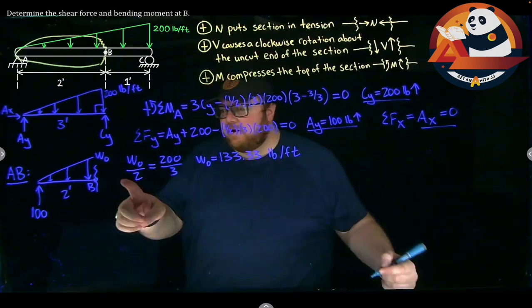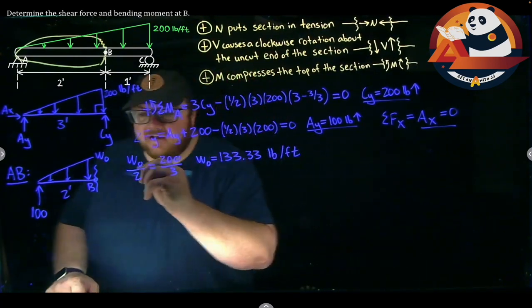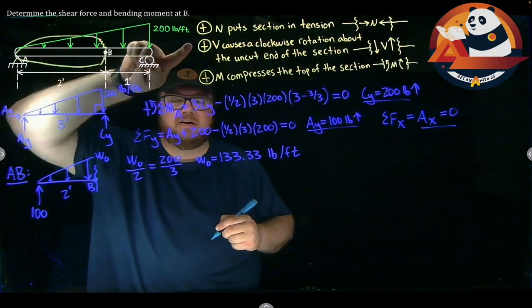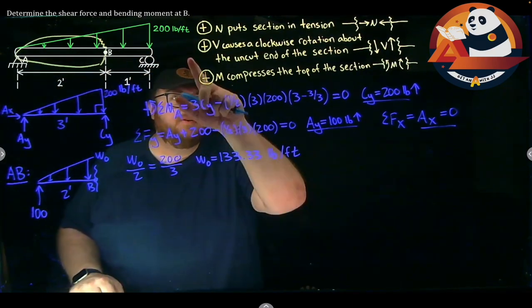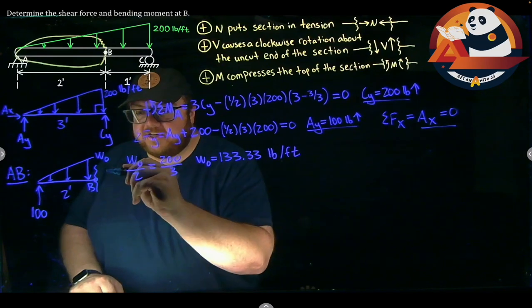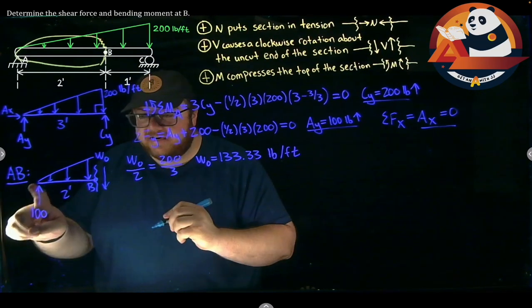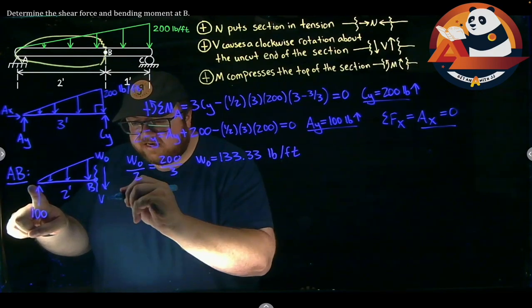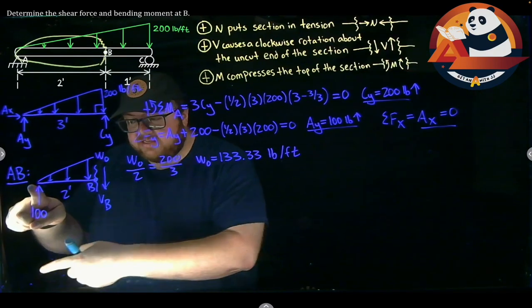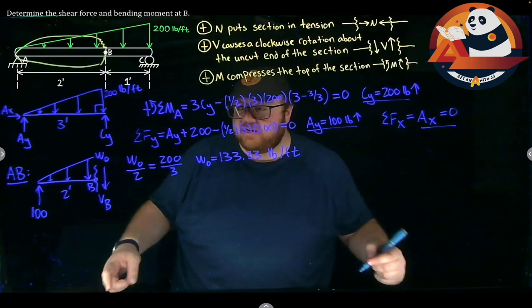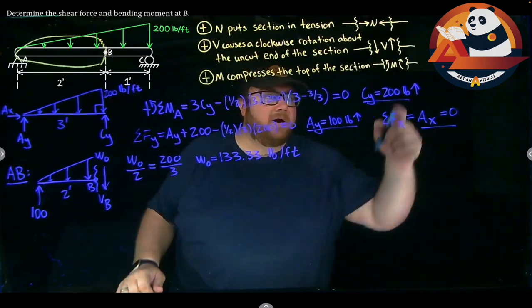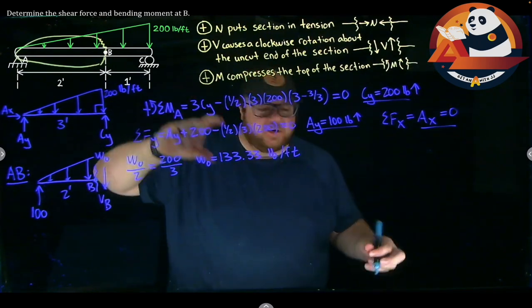In my free body diagram, I need two other things. I need to get in here my shear, positive shear, and we'll always set this up assuming positive, causes a clockwise rotation about the opposite end from the cut. So our opposite end is here at A. Our positive shear, VB, will be going down to cause a positive shear, a clockwise rotation. Positive moment causes our top to go in compression.